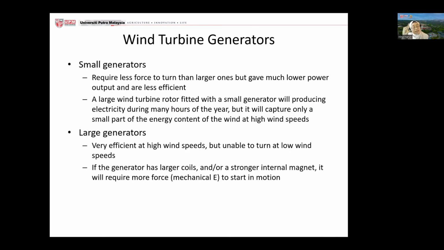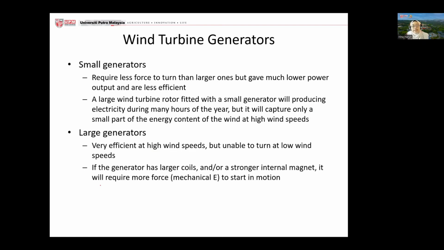Why is this significant? You have to consider that there is a lower limit required for wind power to work. If it's too low, you won't be able to create much electricity because you're not going to be able to turn it, especially with large generators.